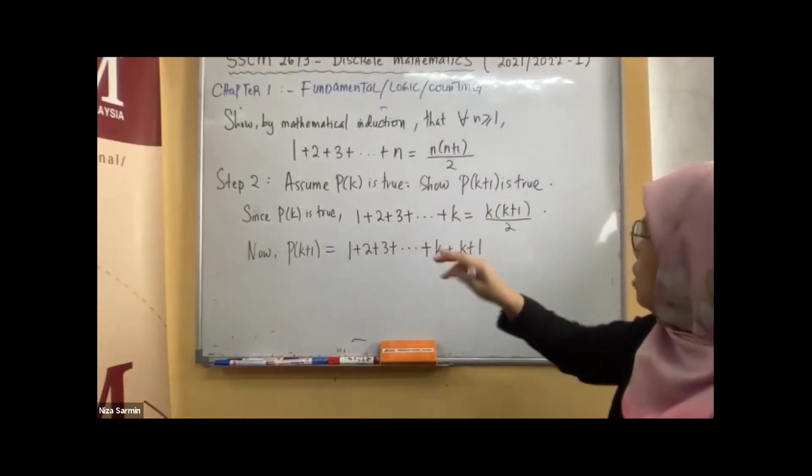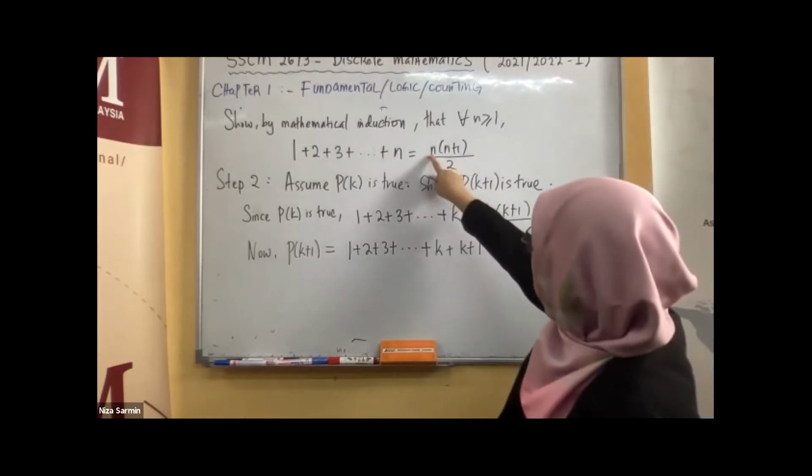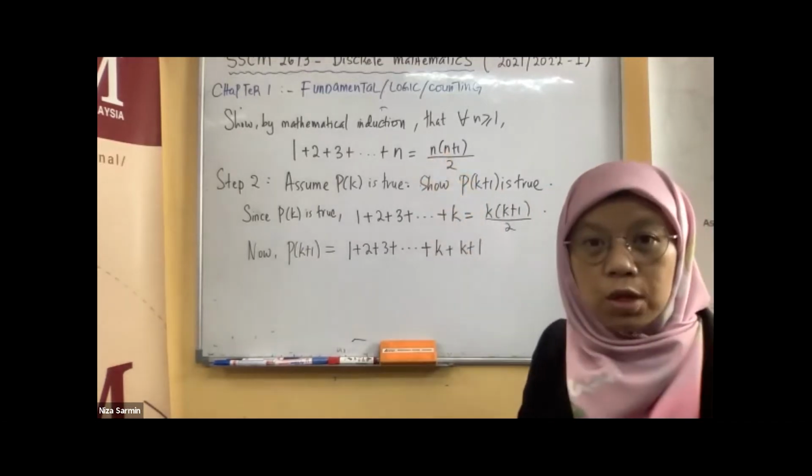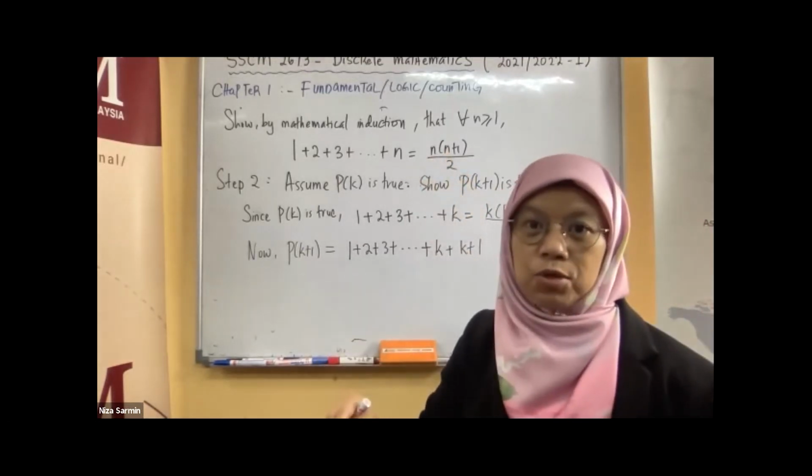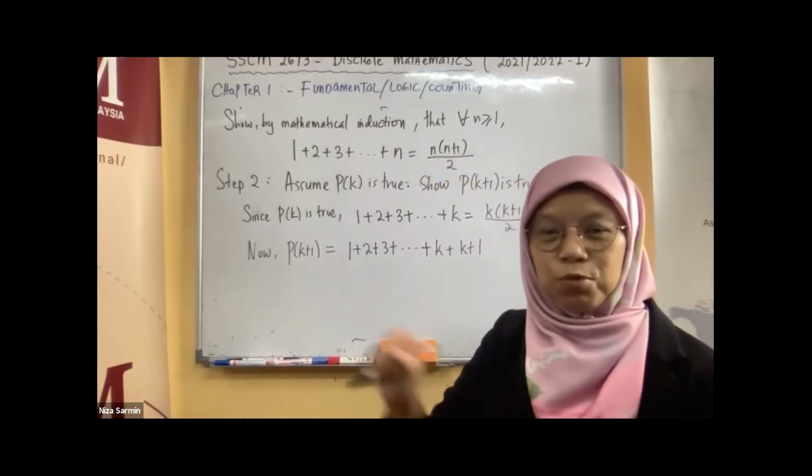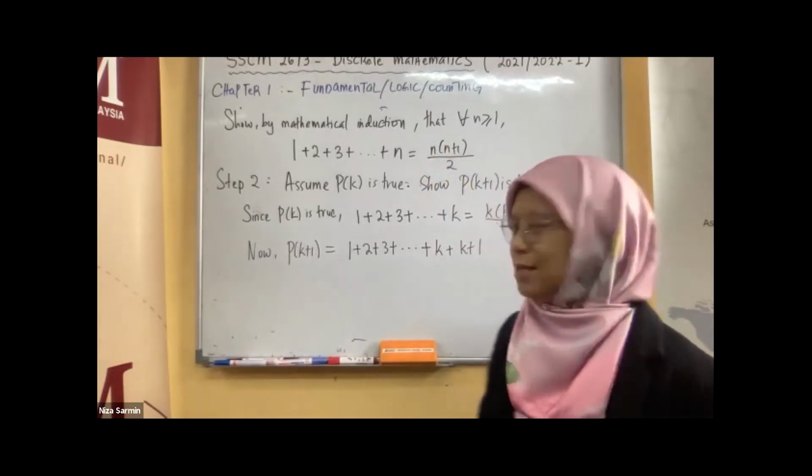I know that I have to show this is equal to (k plus 1)(k plus 2) over 2, but I cannot write that now because I want to show it. You cannot put equal to the answer.